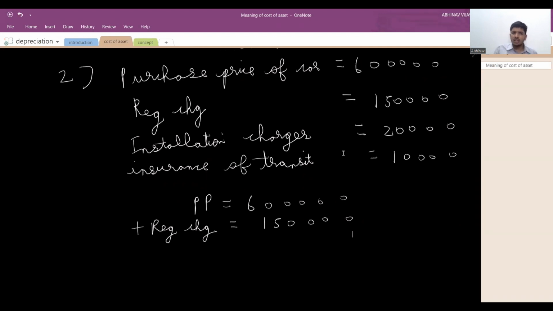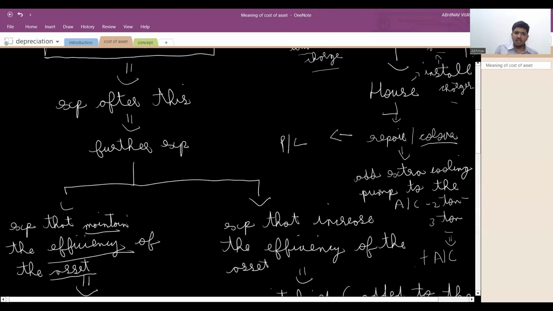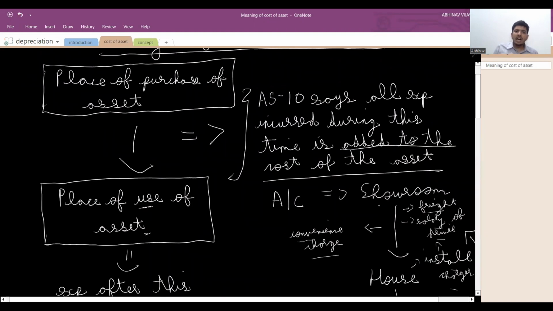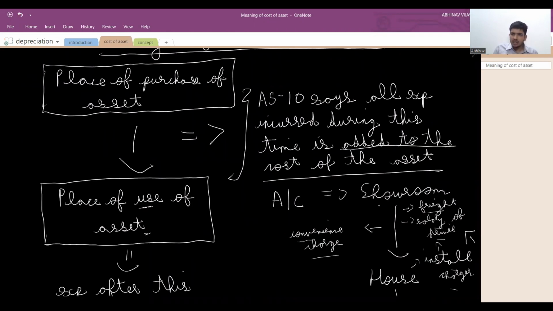Installation charges: only after you install the asset in your place is it used. It cannot be used without being installed. So, installation charges are always before the use of the asset, before you bring it to the place of use. That's what you have to remember.